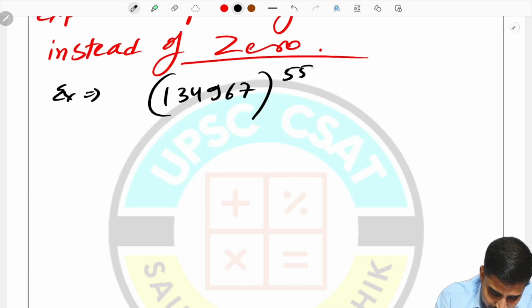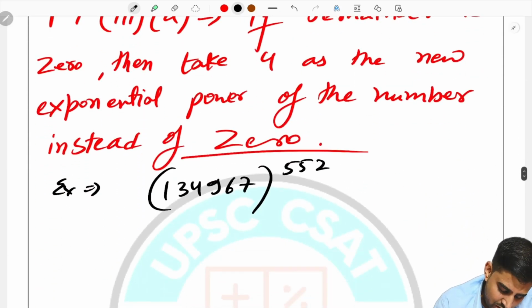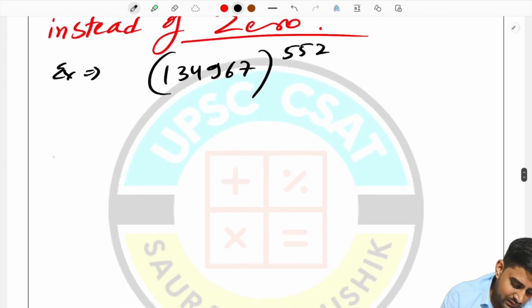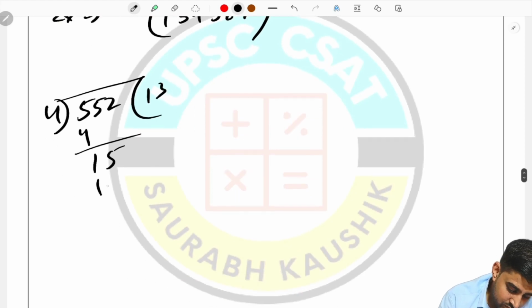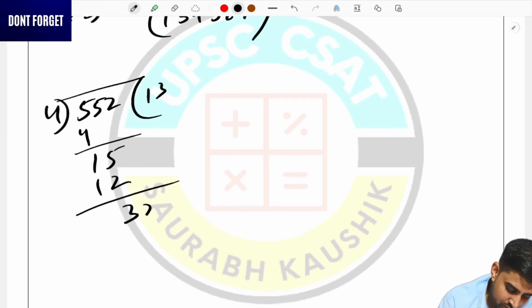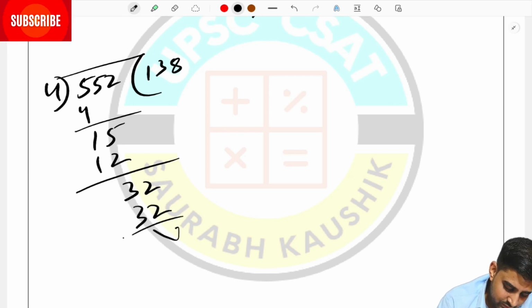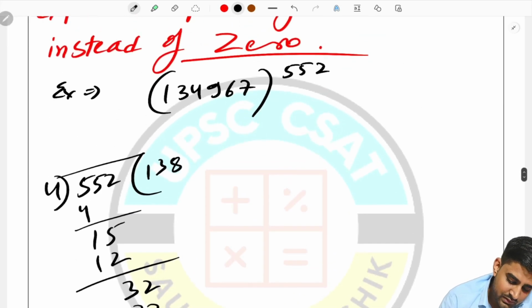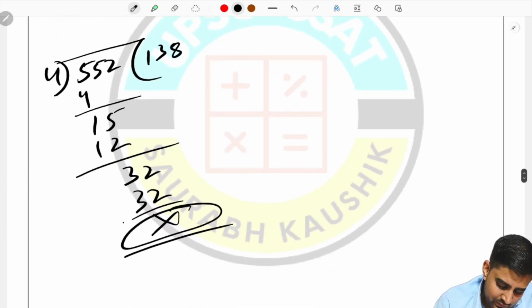And the power is 552. 550 was there earlier, now 552. In this case, this power is going to be divided by 4 fully. 4 1s are 4, 12. It gets cleared and there is no remainder.